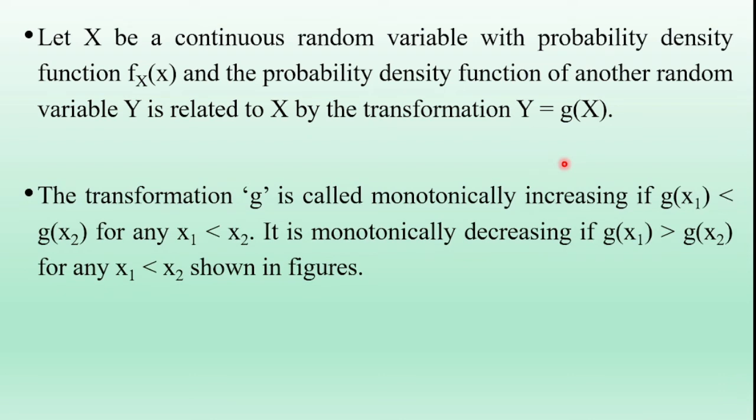The transformation g is called a monotonically increasing function if g of x1 is less than g of x2 for any x1 less than x2. And the transformation g is called a monotonically decreasing function if g of x1 is greater than g of x2 for any x1 less than x2.